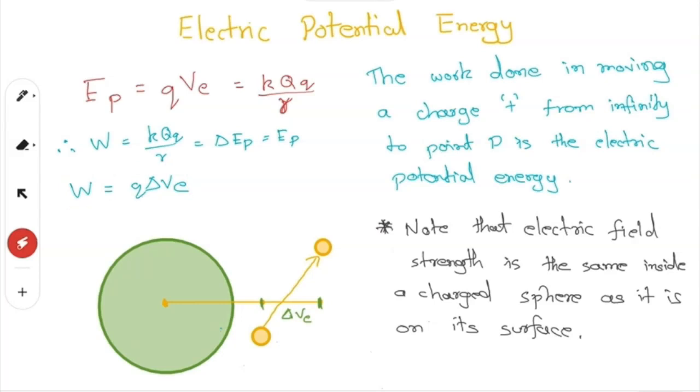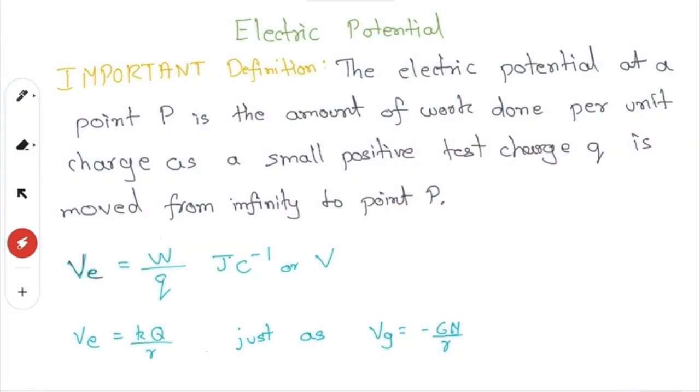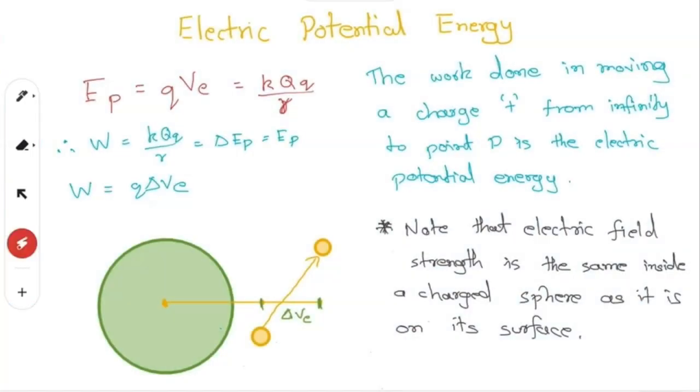Now, I'm not sure if you've caught on, but the formula that we wrote here should tell us that work done is equal to VE times Q. But here, the general formula is actually Q times delta electric potential.